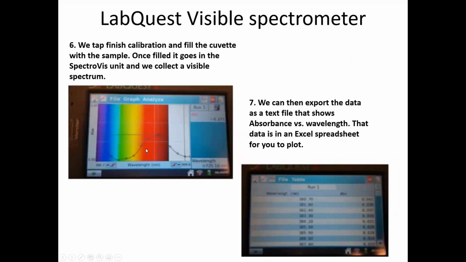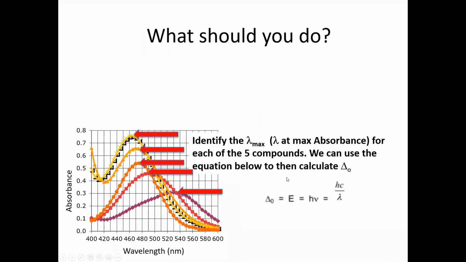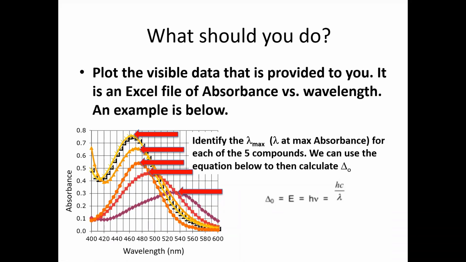So once you finish your measurement, the spectrum will be saved in the LabQuest, and you can export the data in an Excel spreadsheet. So we'll provide that data in Canvas. On Canvas, you'll find the Excel spreadsheet.